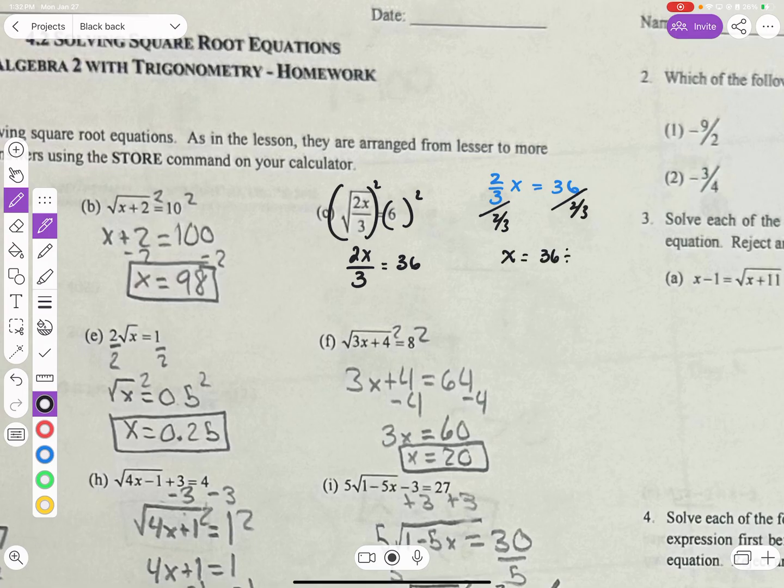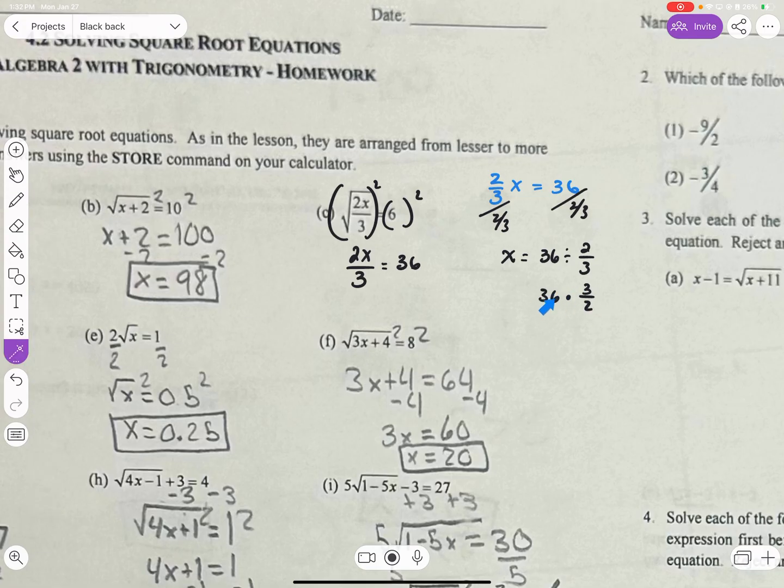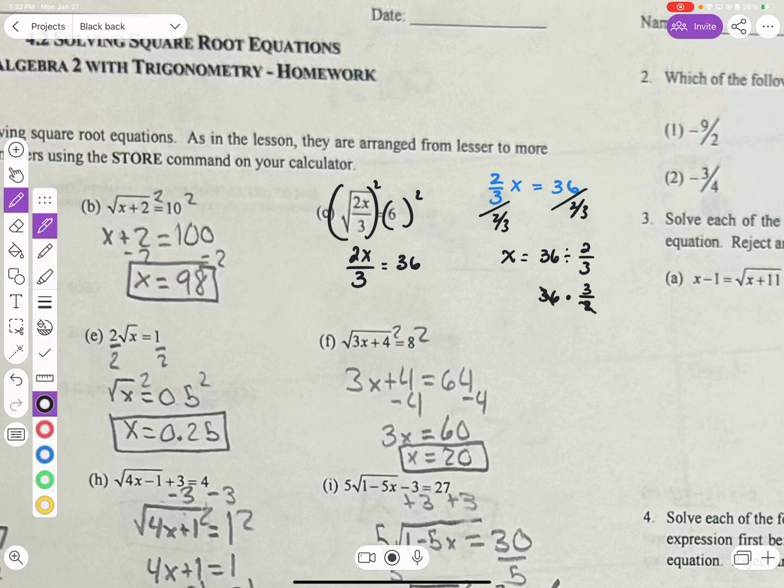The way you work that is 36 divided by 2/3 is the same as 36 times the reciprocal. Remember, multiply by the reciprocal is how you do division with fractions. And so you could do this and go 36 times 3 is 108 and then divide by 2. Or you could divide by 2 first and go, well, 2 goes into 36 18 times. Then 18 times 3 is 54. Okay, so that's one approach some students take.